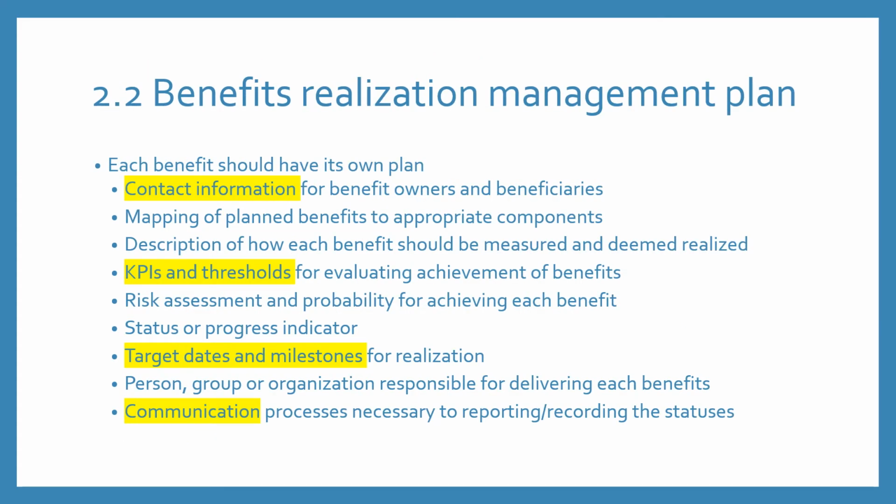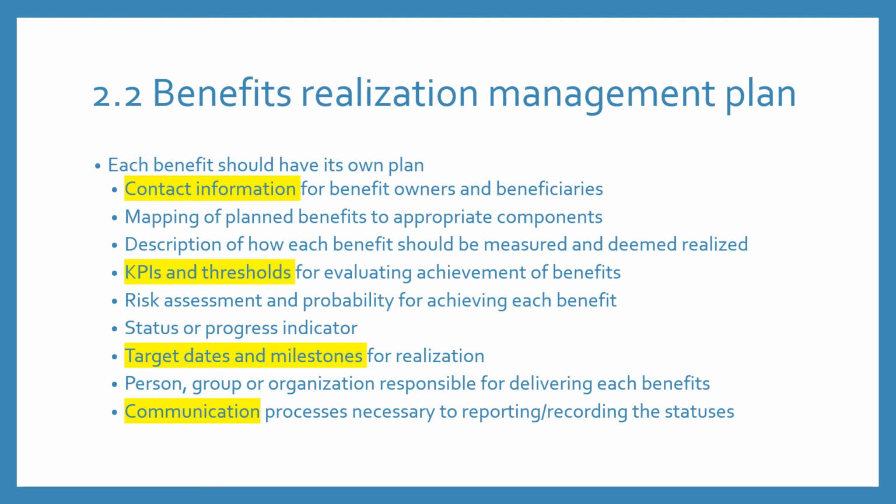The second one is the benefit realization management plan. You know that the benefit realization management plan is created in the initial stage, and it can be tracked in both the execution stage as well as the sustaining stage. Each benefit should have its own benefit realization plan.